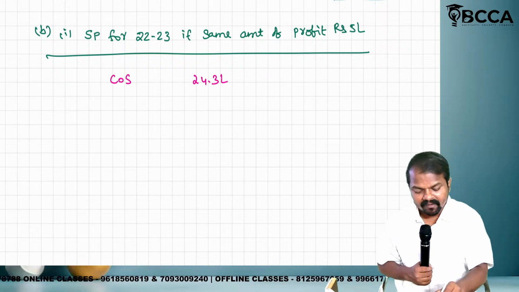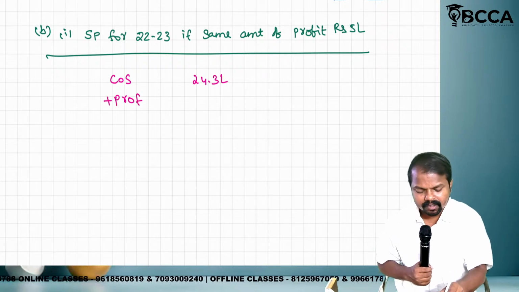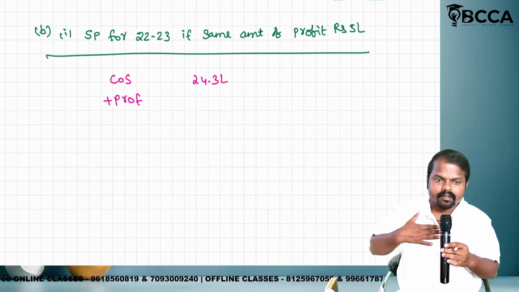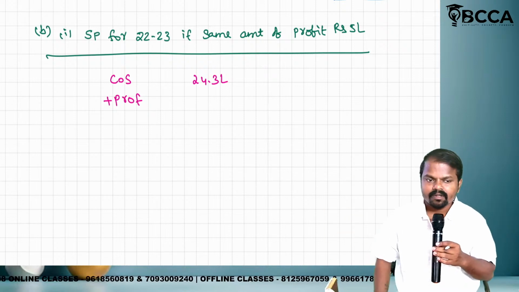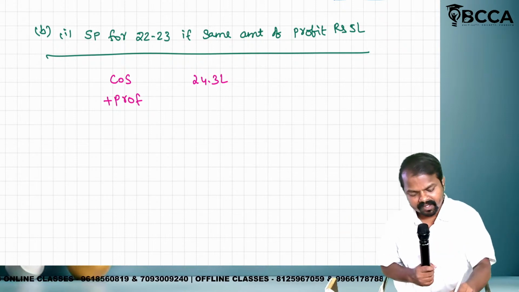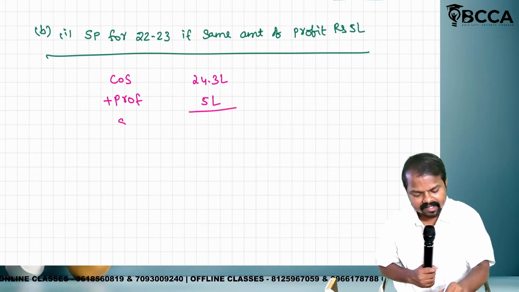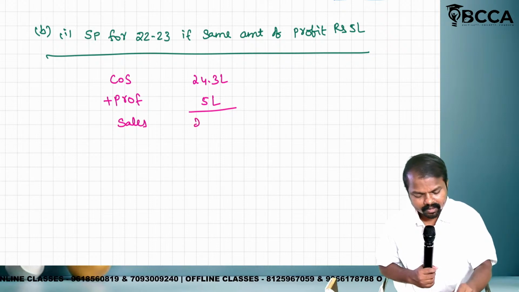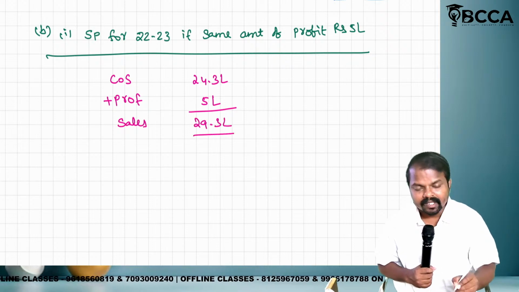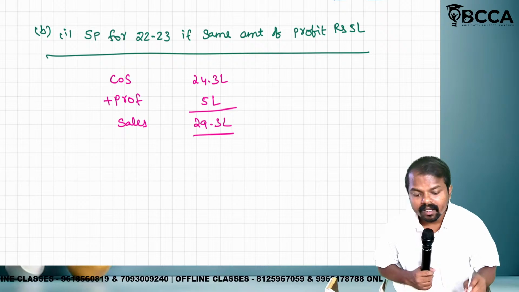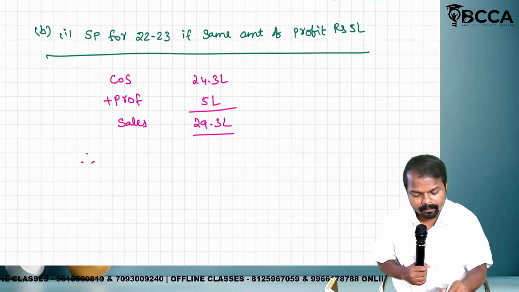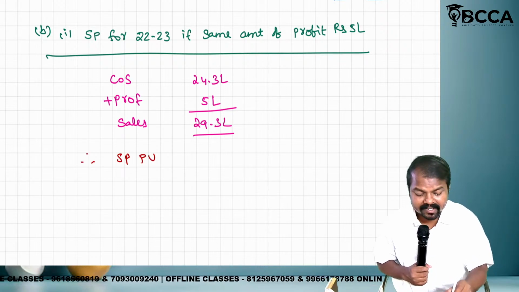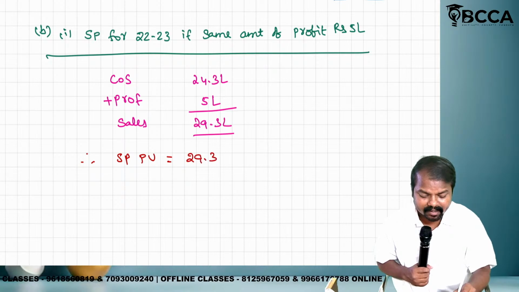Correct? Profit: how much profit do you want? The same as last year, 5 lakh. What is the sales? 29 lakh 30,000. They are asking the selling price, therefore the selling price per unit.